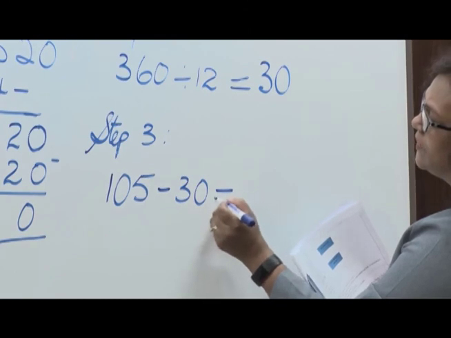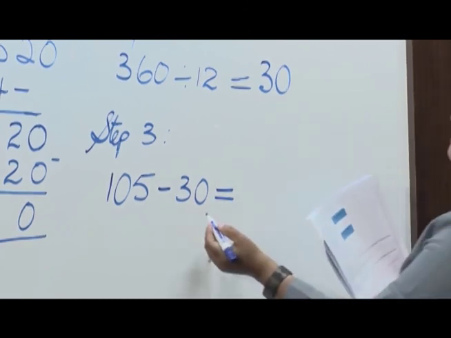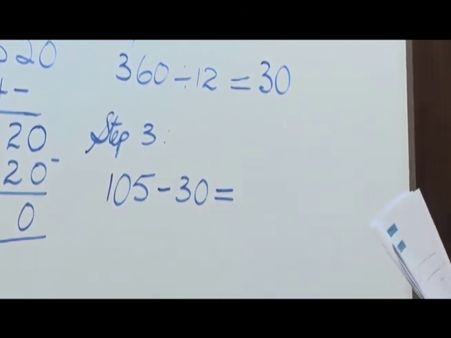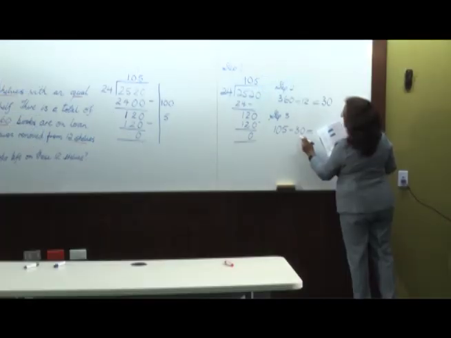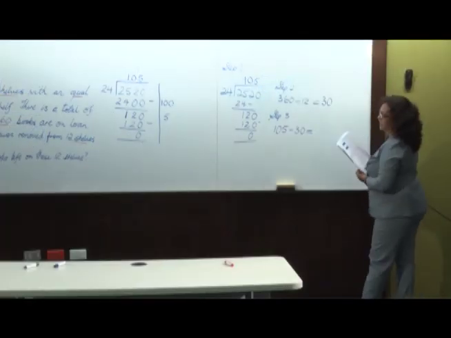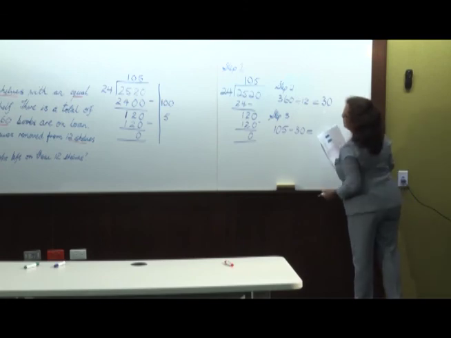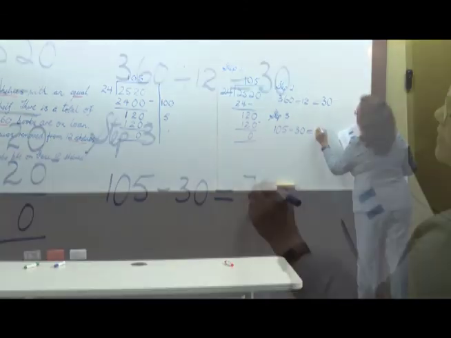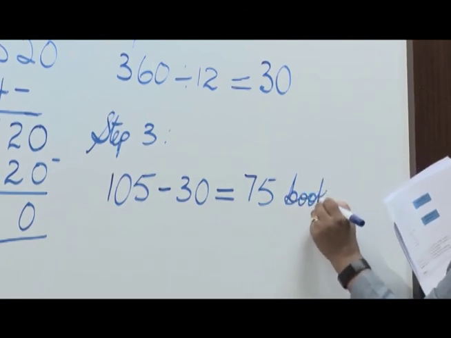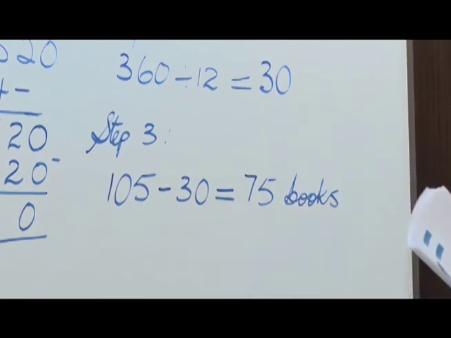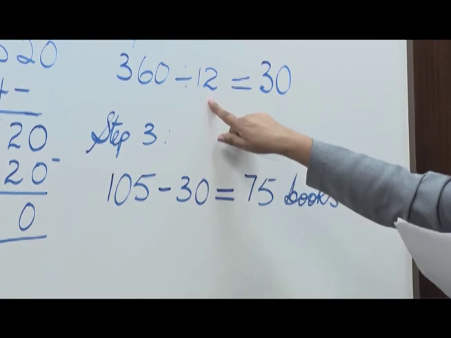So we can subtract 30 from 105, and again, your mental math skills should help you to work this. I could remove the 5, take 30 from 100 and get 70, and then add back the 5. So I will get 75. So 75 books are left on each of these 12 shelves.